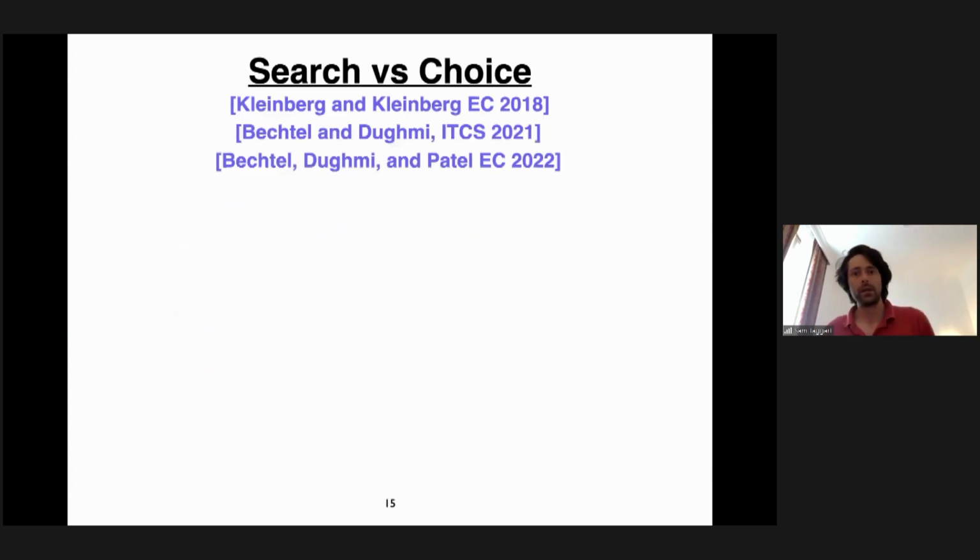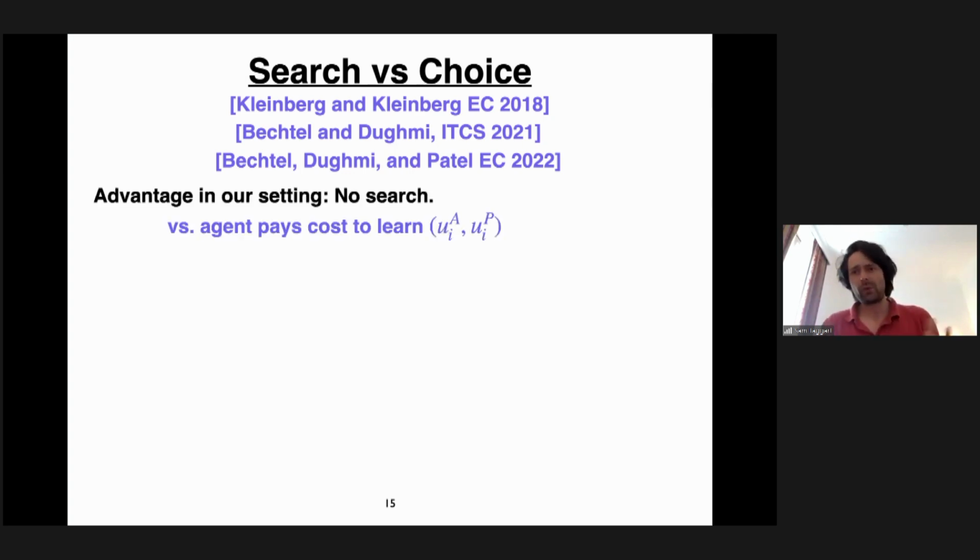Okay, so it's worth taking a moment to compare ourselves to the stuff Shaddin just showed you. There's this line of work, I forgot to cite Armstrong and Vickers, that's also in this line of work, where they study what I think about as the delegated search problem, whereas our work is really about delegated choice. So what do I mean by that?